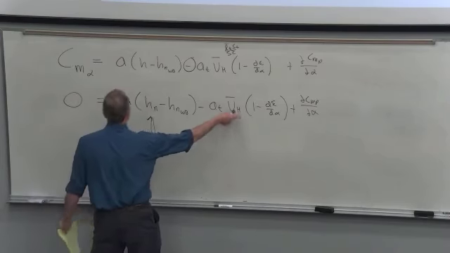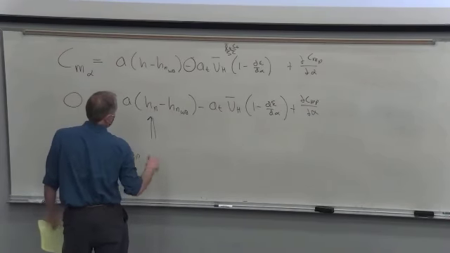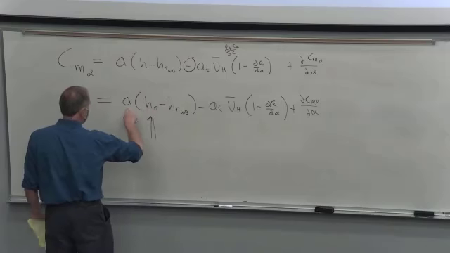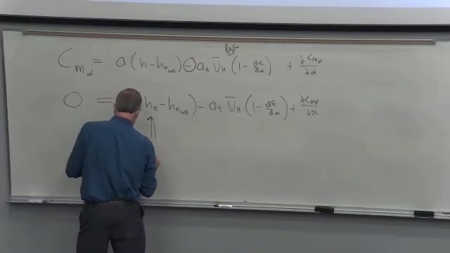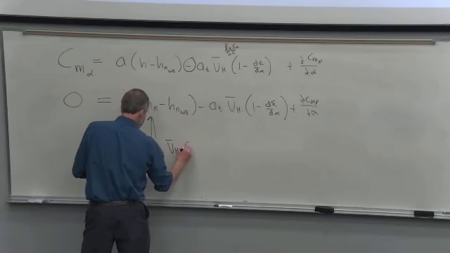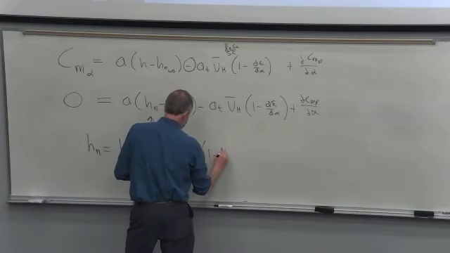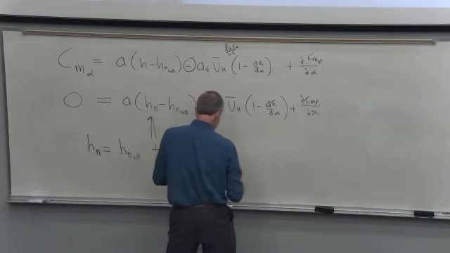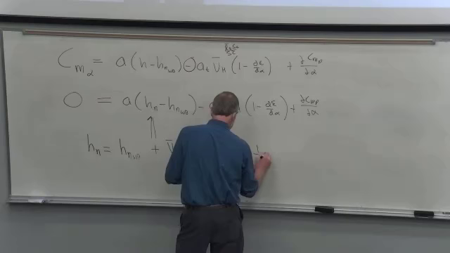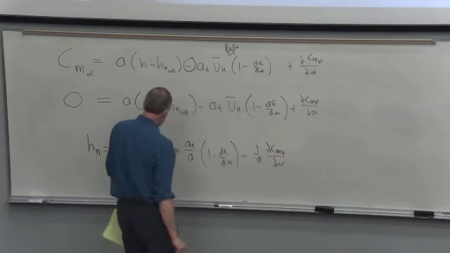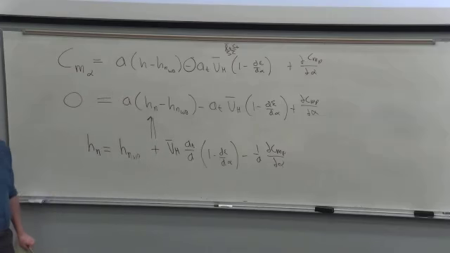Shove this thing over to the other side, add HN wing body to both sides, divide by A. And so you can calculate exactly where this thing is.